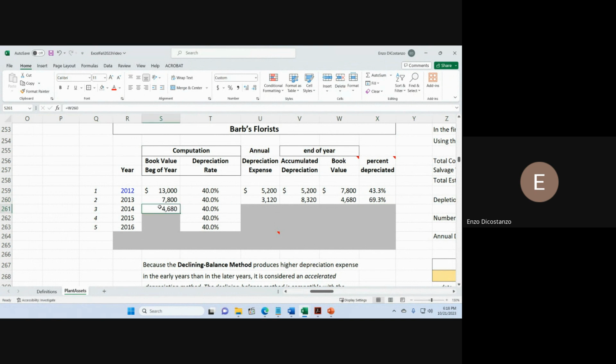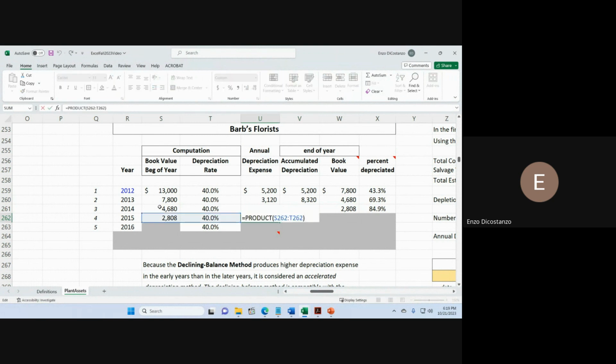Okay, this is 46. This is another annual. This is 1,872. What is this? That's the previous accumulated plus the next year, right? That's 10,192. The book goes down to 2,808, and this is 84 to 1,000.